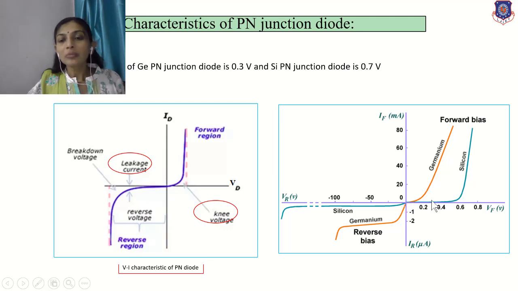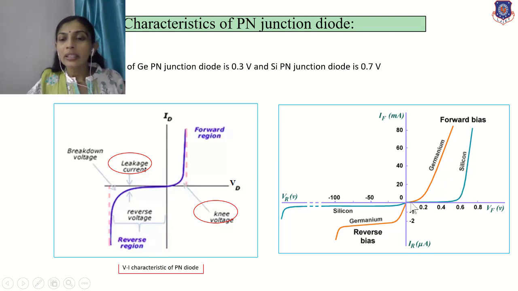What will you understand from the forward bias region of the germanium and silicon VI characteristic? You can understand that current starts to flow after 0.2 or approximately 0.3. That voltage is known as the knee voltage for germanium.